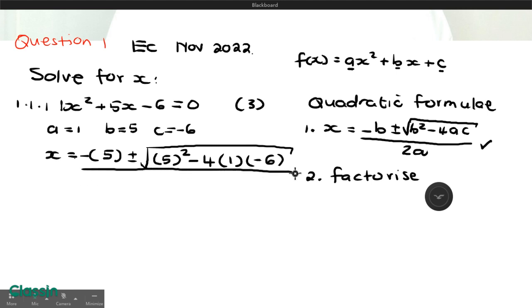Everything must be divided by 2 into the coefficient of x squared, which is 1.